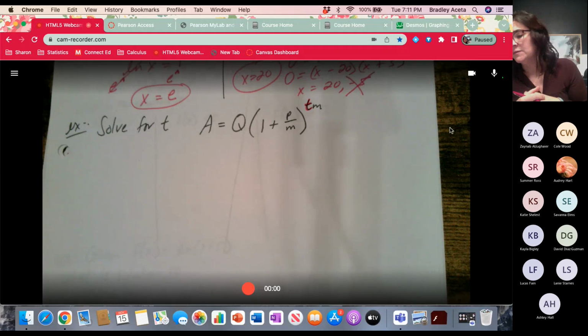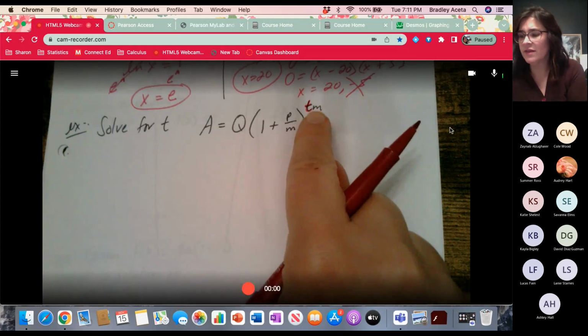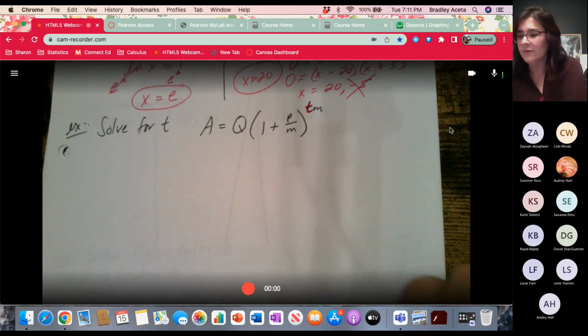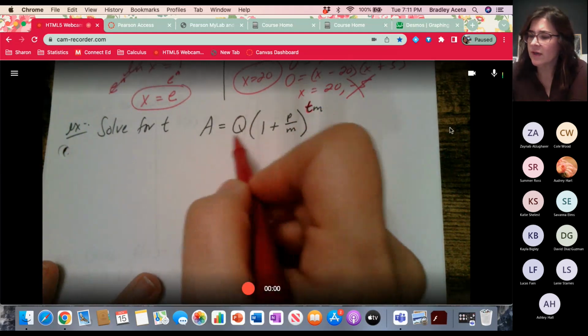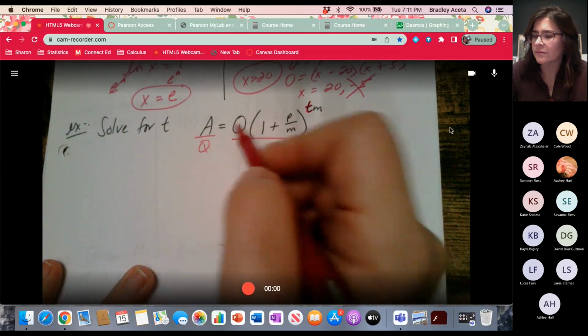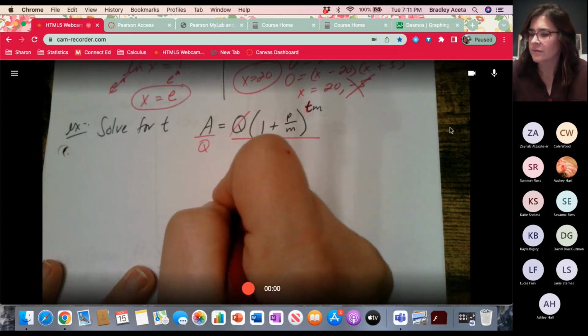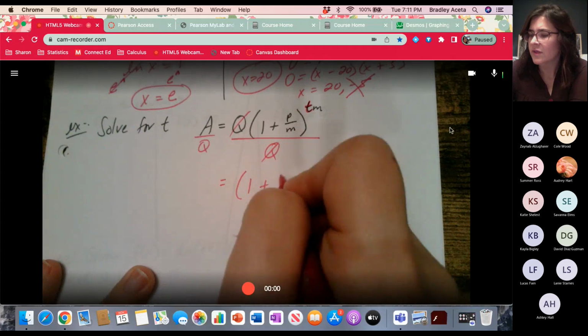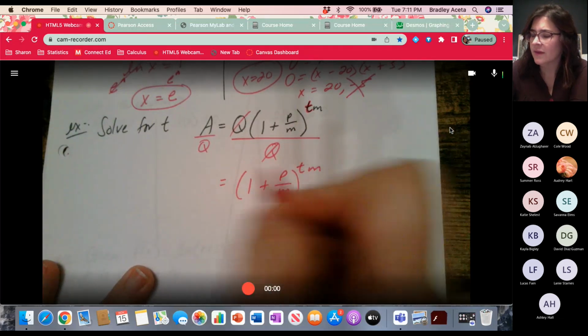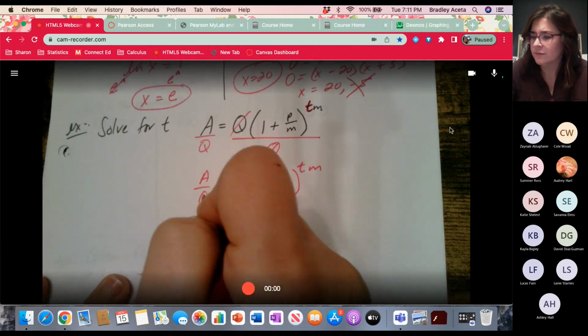And so I'm going to show you how to do this real quick, the best you can. But you want to get as much as you can this part by itself, the part that has that exponent. Meaning, there's a q right here that you could actually divide out. So this is 1 plus p over m to the tm equals a over q.